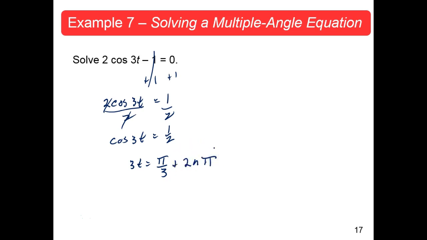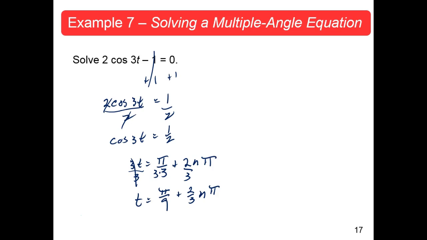There you solve for 3t. But that's not what we're looking for. We're looking for the values of t. So divide everything by 3. Now you get t is equal to pi-9ths plus 2/3 n pi. I like to write 2/3 pi n, but they write n pi, I think.